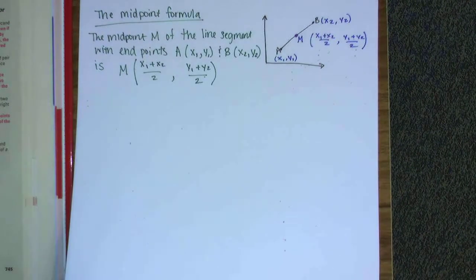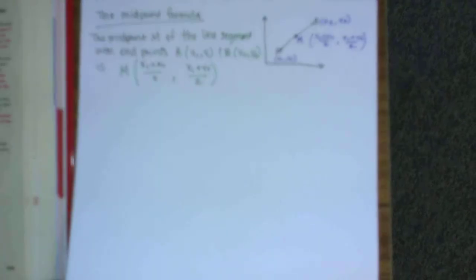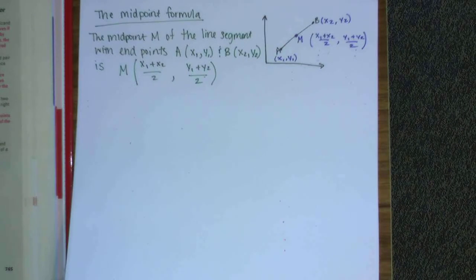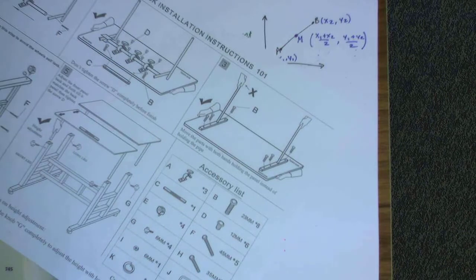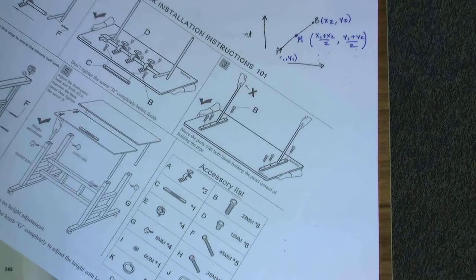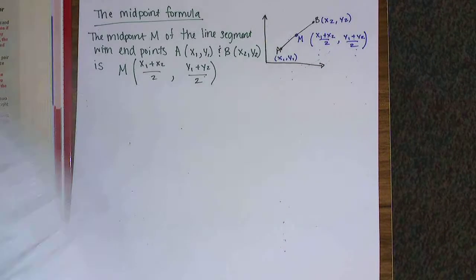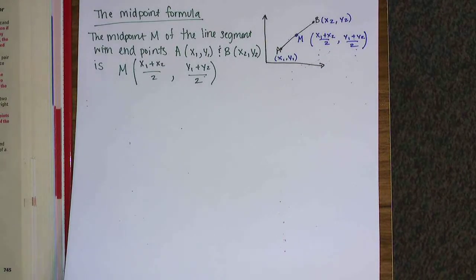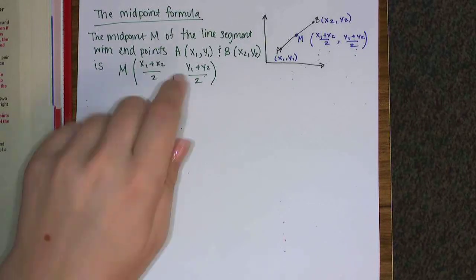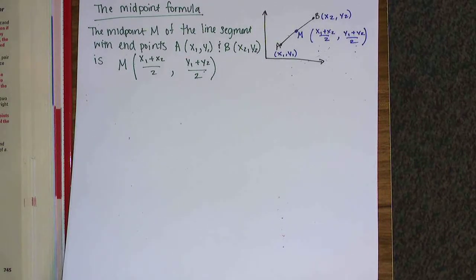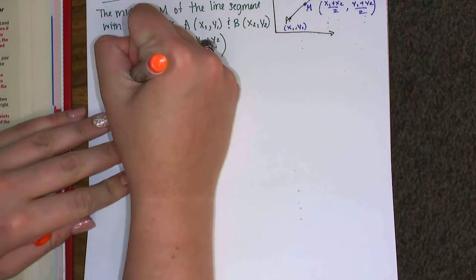Okay, hopefully you notice that, let me focus this in really quick. Hopefully you notice that this is, that just made it way worse. Hold on. Okay. All better. Okay. Hopefully you notice that this is an ordered pair. Okay? Midpoint is always written as an ordered pair.